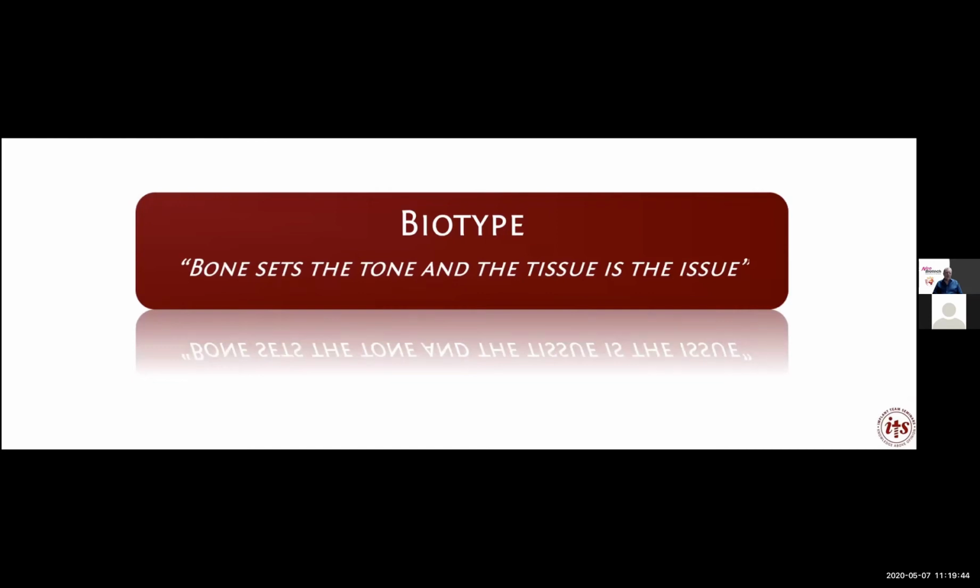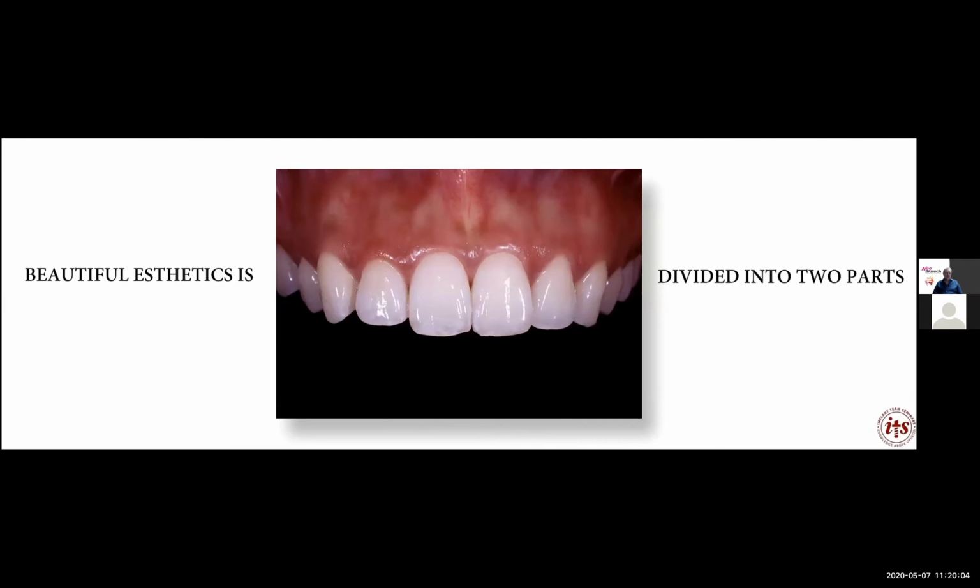A discussion of the biotype at the implant receptor site is important if we are to deliver an aesthetic as well as a functional restoration. There is that saying that we have, that bone sets the tone, but tissue is really the issue. So let's look at this.